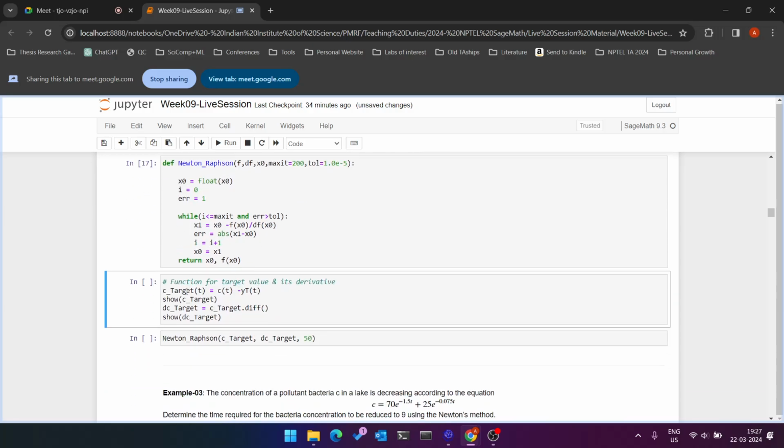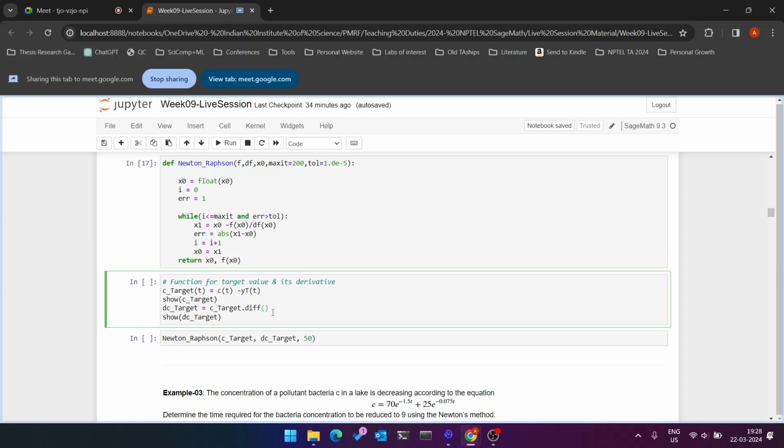So in our case, I define a target function as c of t minus yt of t. I've already specified yt of t to be 0.93 times c1, and then the derivative of this function. This function should go to 0, and I calculate its derivative by doing c target dot diff. We have already seen this dot diff in previous classes.